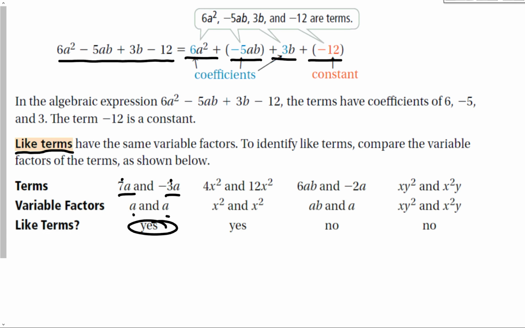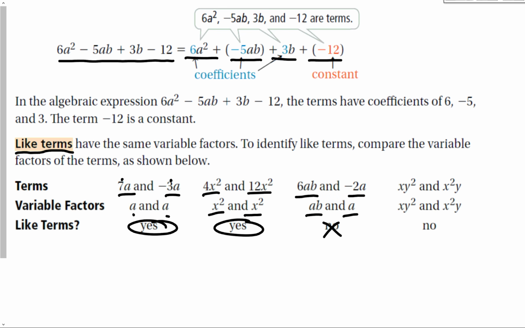But the variable factors have to be exactly the same. 4x squared, 12x squared, both of them are x squared. They are like terms. However, 6ab and negative 2a: one has an ab, one has an a. Those are not like terms. We cannot combine them.